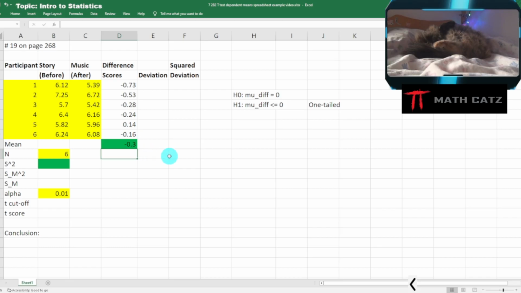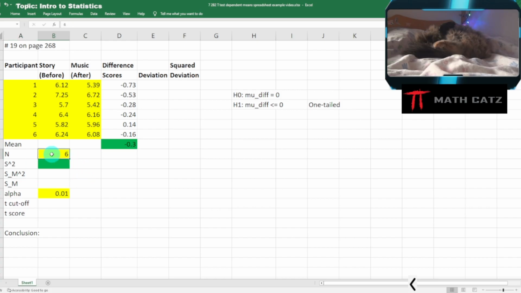Now we want to get the distribution of the means of these difference scores, and that has this mean as our comparison distribution, but we still have to calculate the standard deviation of the distribution of the means.